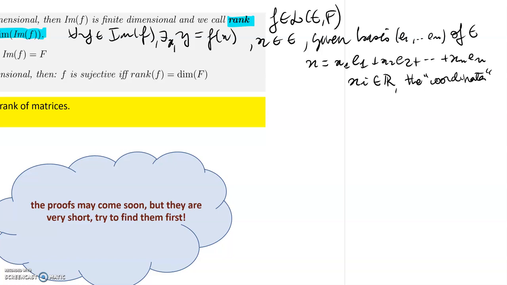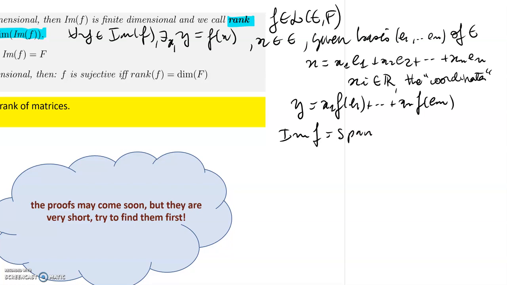So if that's your x, you know that y is going to be x1 f of e1 plus xn f of en, so that we obtain that the image of f was spanned by f of e1 up to f of en.